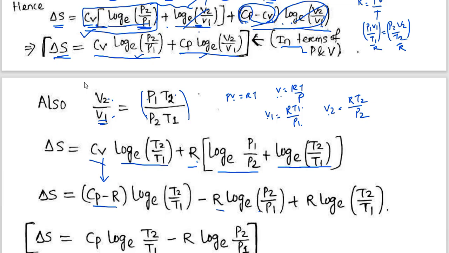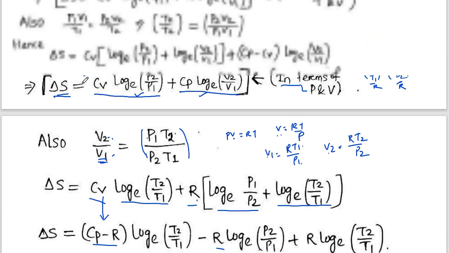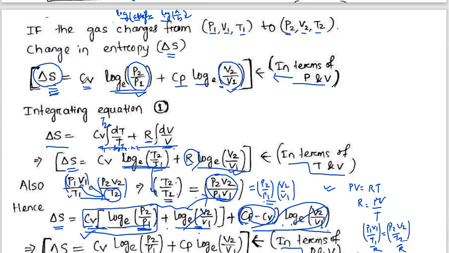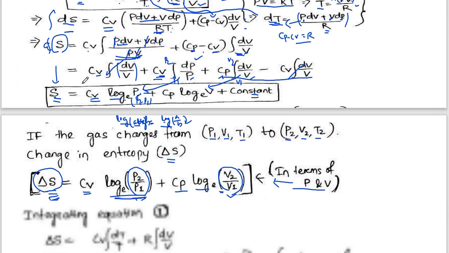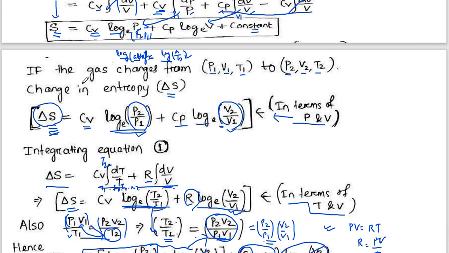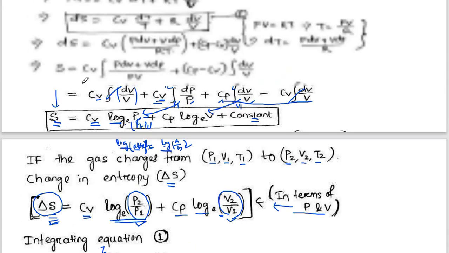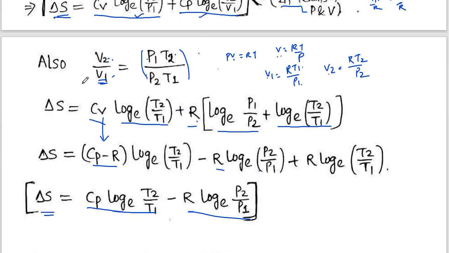So finally the expression is delta S equal to Cp log T2 by T1 minus R log P2 by P1. So actually these are the different ways to derive the formula. You can easily write the first 2 to 3 expressions and find the change in entropy in terms of P and V. Whatever is asked in the question, you will answer accordingly, in terms of P and V, or T and V.